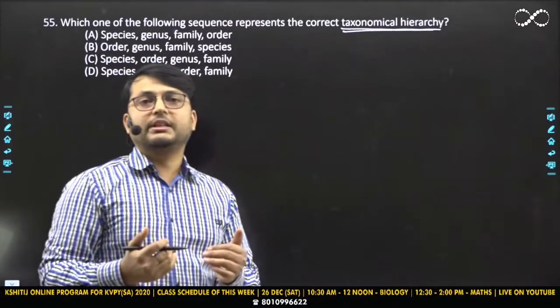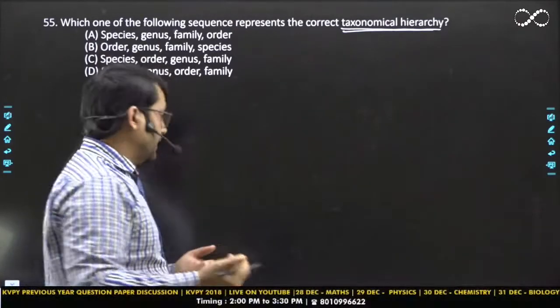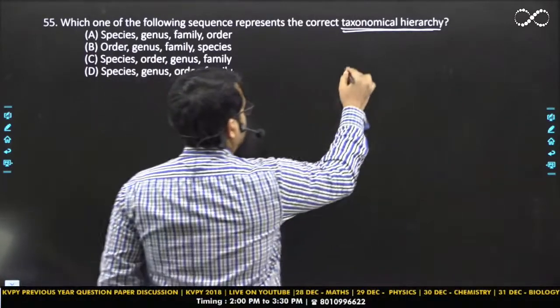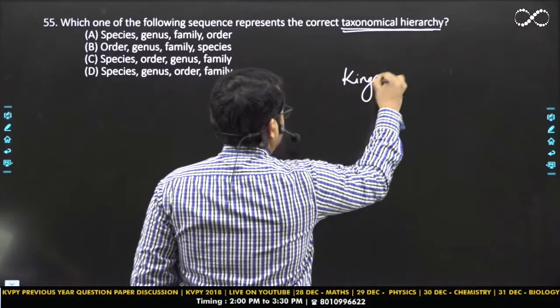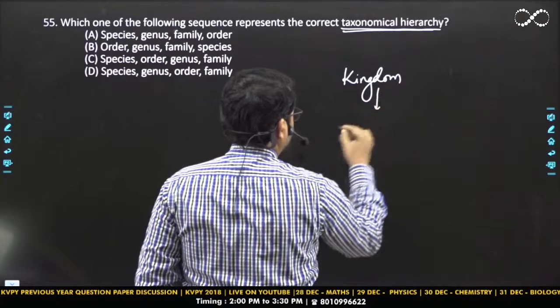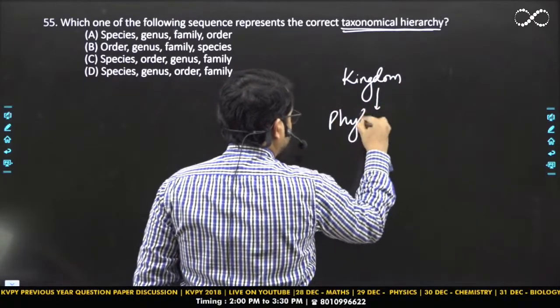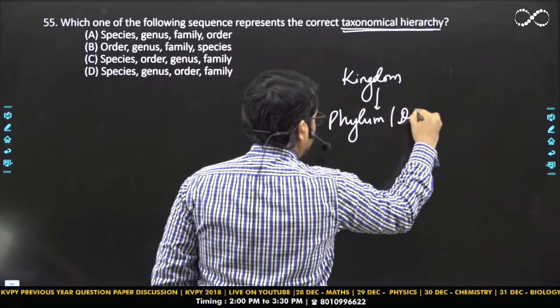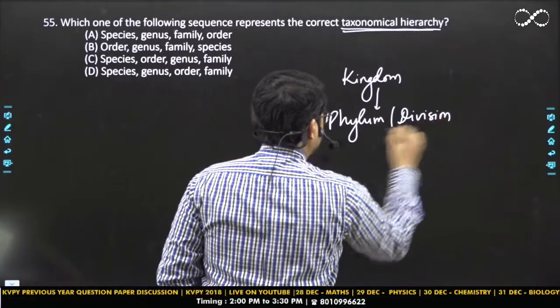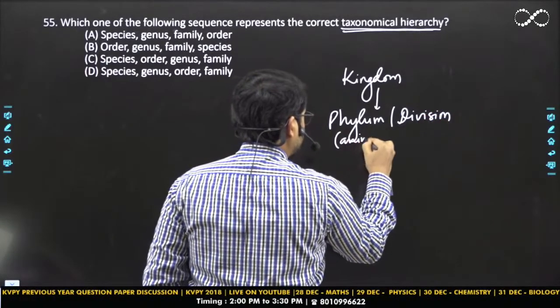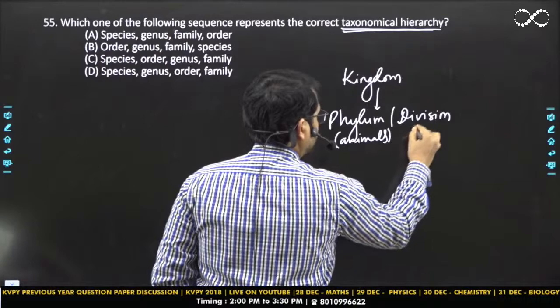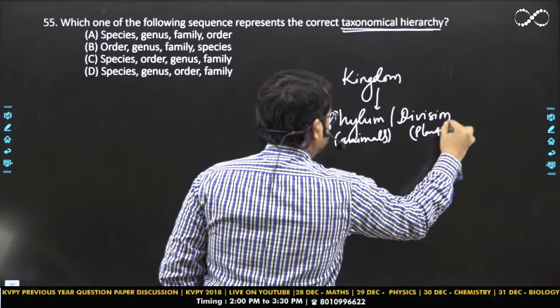This order is known as taxonomical hierarchy, and this order says on top is kingdom, then kingdom goes to phylum or division, okay? Now, let me tell you, phylum is used for animals and division for plants.